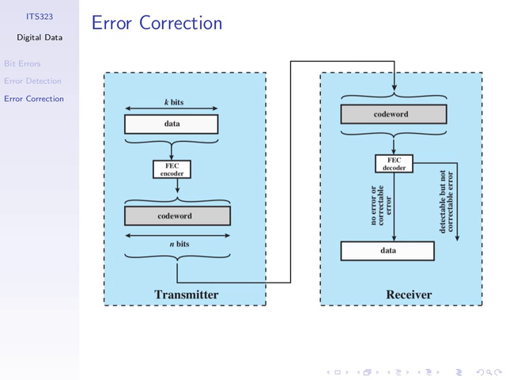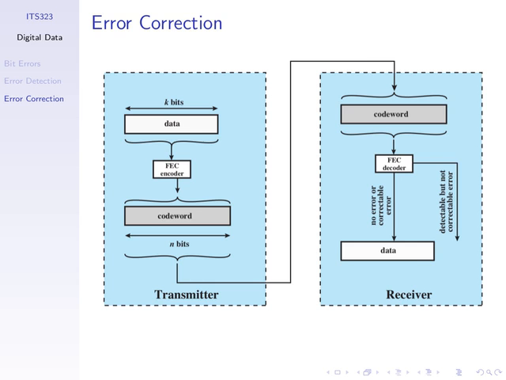In the general process, the transmitter has some data, k bits of data to send. We use a forward error correction encoder to map or encode that data as a code word. We saw the encoder in our example was that table. 2 bits of data became 5 bits of code word. That's the encoding process.